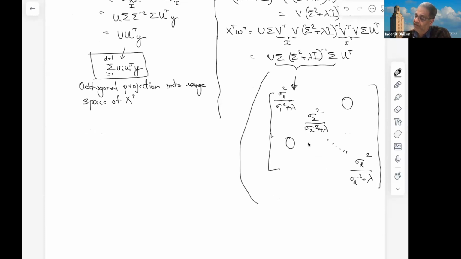If I take this, then what I get is that this is equal to the summation of i equals 1 through d plus 1 of sigma i square divided by sigma i square plus lambda times u i transpose. And I guess instead of d still go d, then this goes still d plus 1.